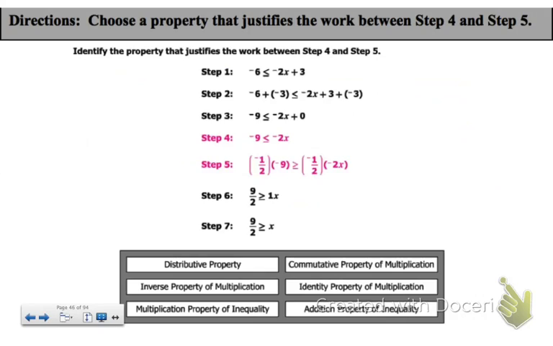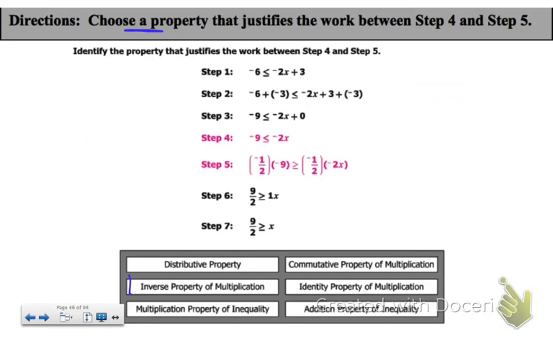Okay, justifying properties. So step 4 to step 5. So notice that they are multiplying by the inverse of negative 2. Even though they're giving you a bunch to choose from, notice the directions say choose a property that justifies the work between step 4 and 5.